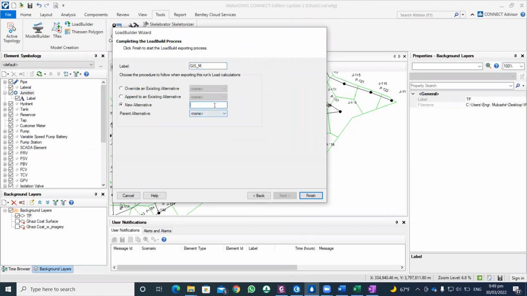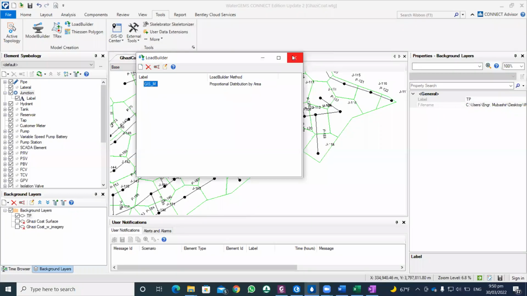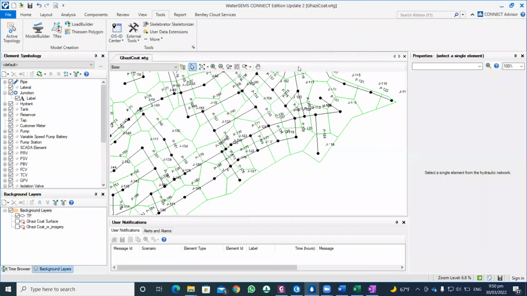New alternative, GIS demand. So I'm creating a new link. So it's going to end. So the demands have been uploaded. So I want to show you. Let me save it and stop sharing.